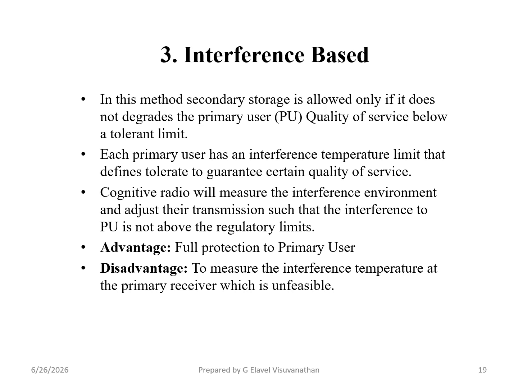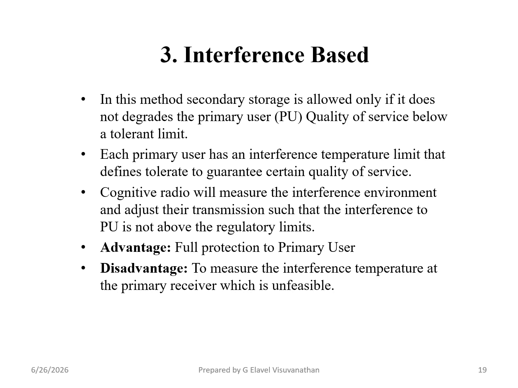Each primary user has an interference temperature limit that defines the tolerance to guarantee a certain quality. It should not fall below the temperature limit, otherwise it will result in poor quality of service. That is, it will not give better quality.